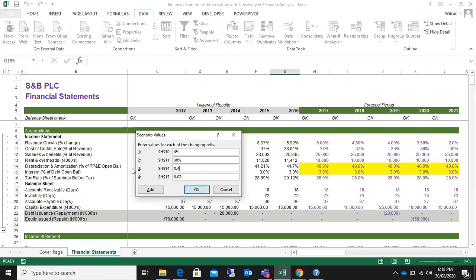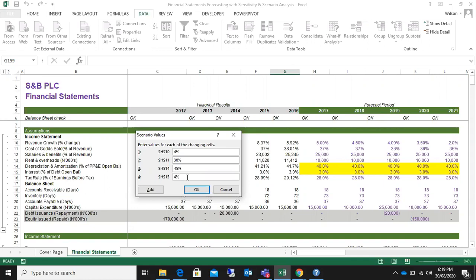Depreciation and amortization, we are at 40%, so it's going to increase, let's say 45%. Then interest, we are currently at 3%. It's going to increase, let's say at 4%.